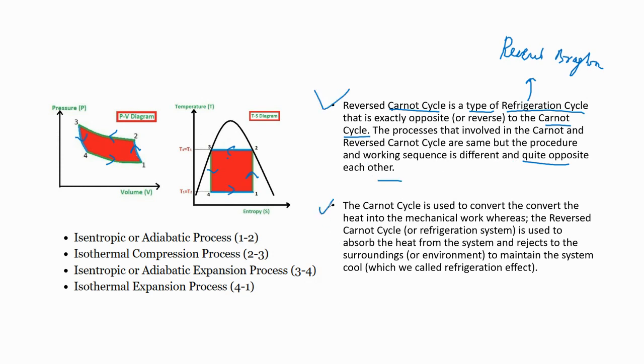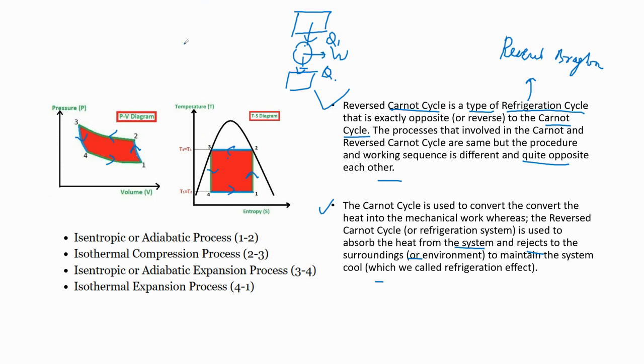And the second point is the Carnot cycle is used to convert the heat into mechanical work. You have studied in the Carnot cycle, the heat from a hot reservoir goes to an engine and it is converted into work, and some of the heat gets rejected into the atmosphere. Whereas the reverse Carnot cycle is used to absorb the heat from a system and reject it to the surrounding to maintain the system cool.